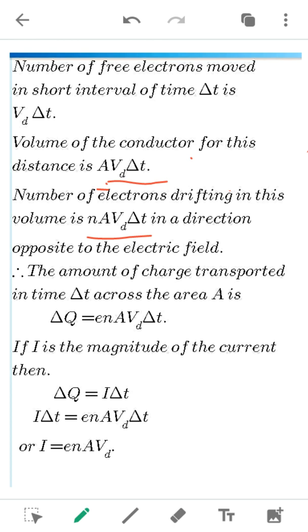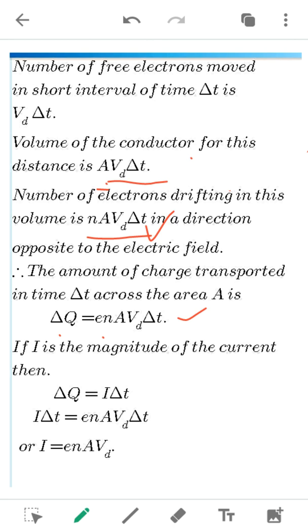These will be transported in the opposite direction of the electric field. Now how much charge will be transported? In a small amount of time delta t, a small amount of charge will be moving. Therefore delta q equals e n A Vd delta t.